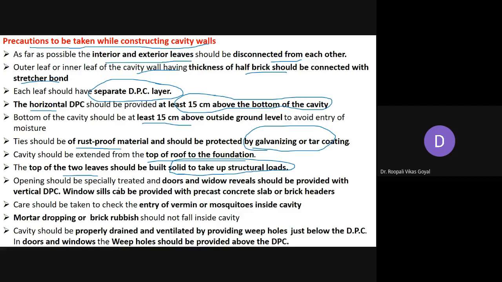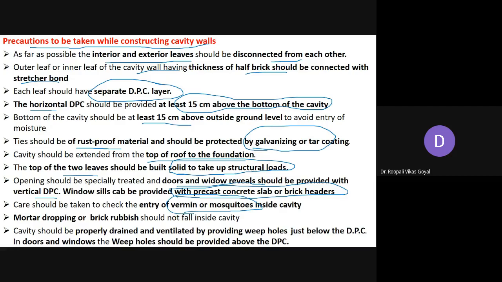Also, openings should be specially treated, and the door and window reveals, the exposed portion of doors and windows, should be provided with vertical DPC so that moisture does not come in. And the window sill can be provided with precast concrete slab or brick headers. More precautions are to be taken when the cavity comes at an opening, and great care should be taken to check the entry of vermin or mosquito inside the cavity.